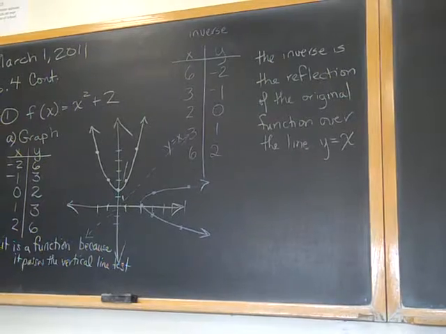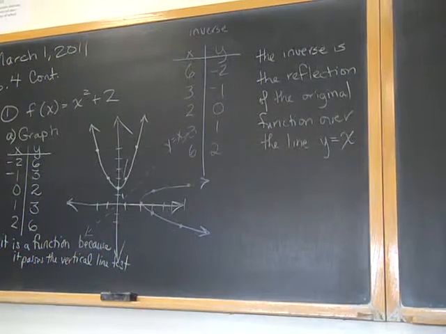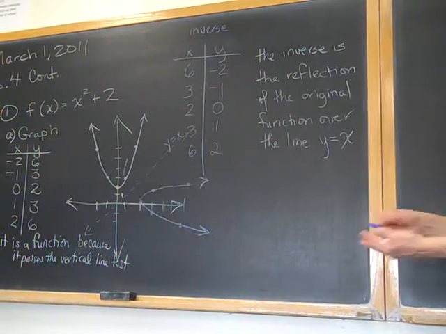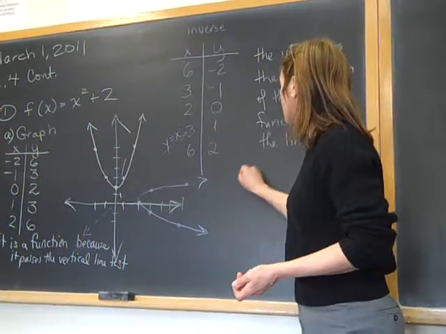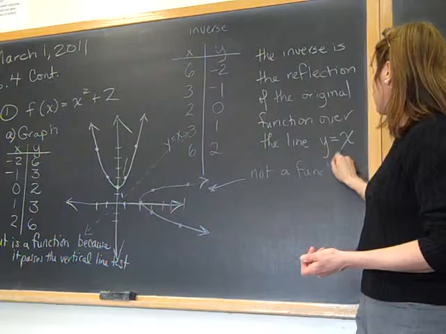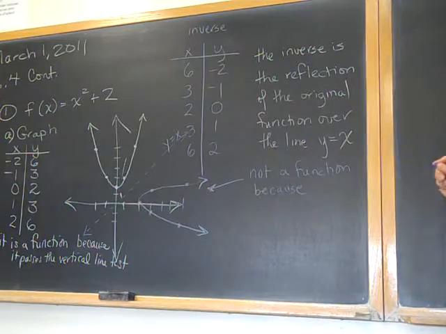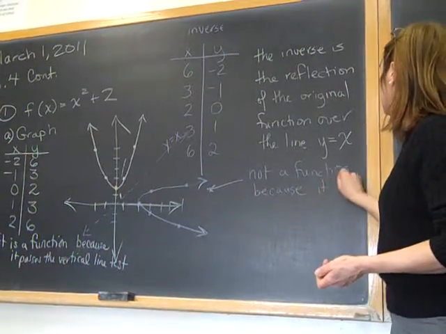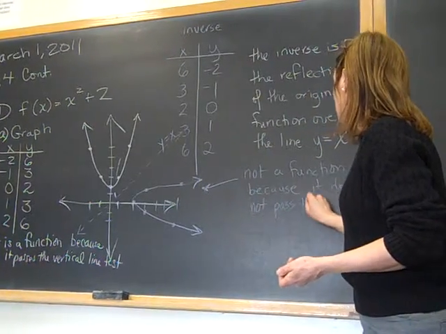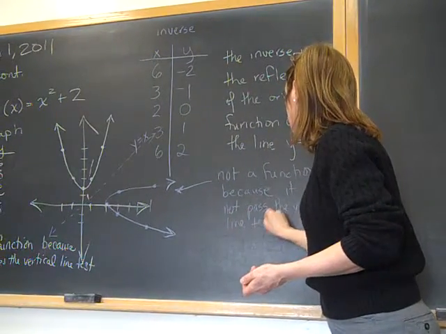Now our purple graph, is our purple parabola a function? No? Why not? This one is not a function because it does not pass the vertical line test.